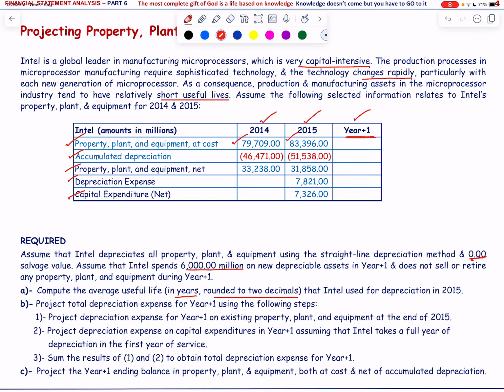So we will take the average plant at cost and we will divide this by the depreciation. So this will be equal to 79,709 plus 83,396 divided by 2, and this will be divided by 7821.